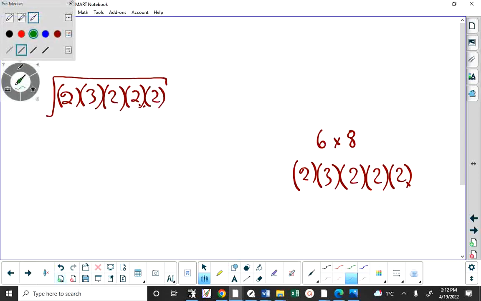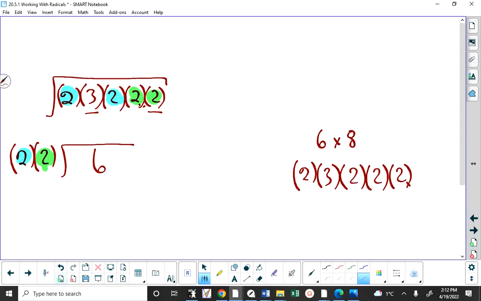So we have a pair of 2's and another pair of 2's, which means we can take a 2 out of the blue pair and a 2 out of the green pair, and whatever's left over is whatever's left over. It's 4 root 3. The only thing left over is the 3.